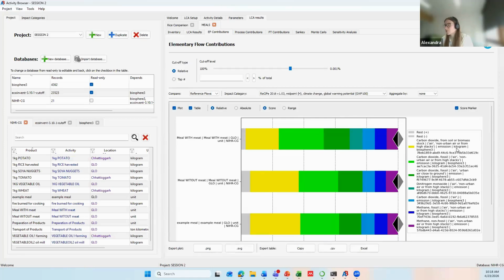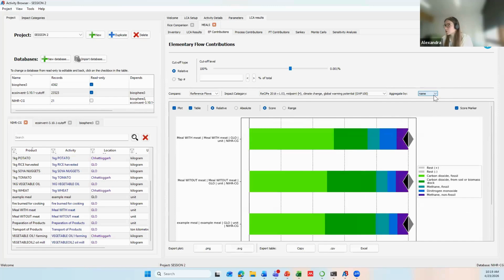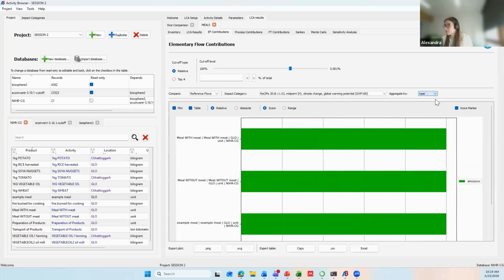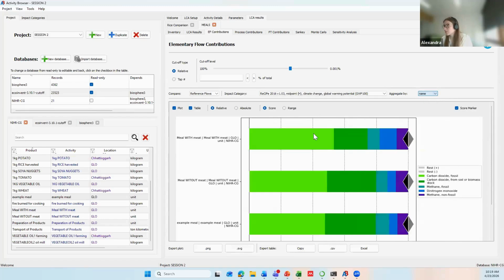This is important also if you're trying to look at the contributions from soil or from a specific category. You can unite them just by name, type, unit, whatever you like. Let's keep it to name.